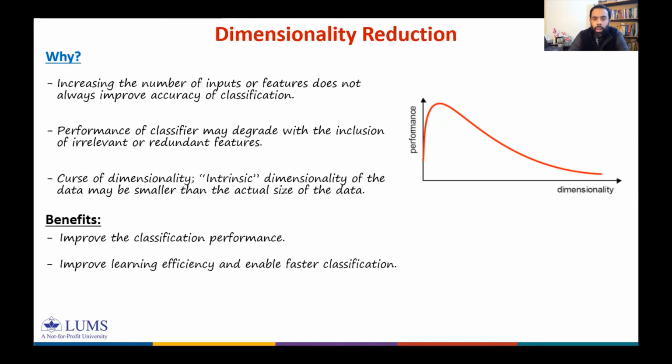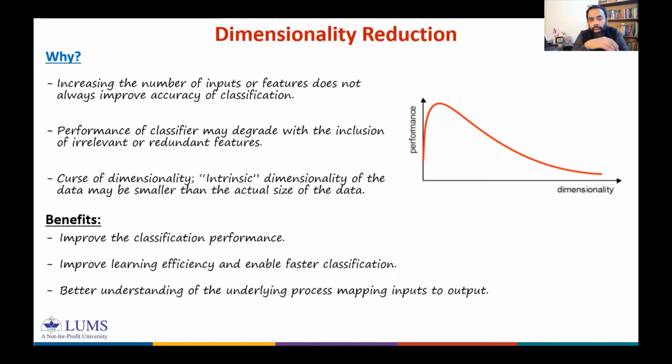And then we will have a better understanding of the underlying mapping, the underlying process that is relating your inputs to the labels. So these are the benefits we can get by carrying out dimensionality reduction. Let's talk about some of the methods which we can use to carry this out.